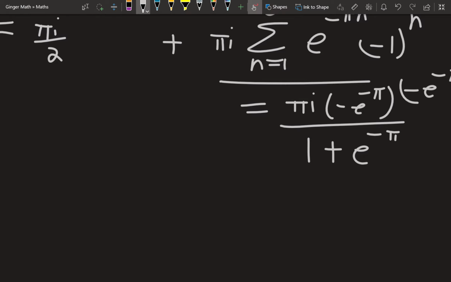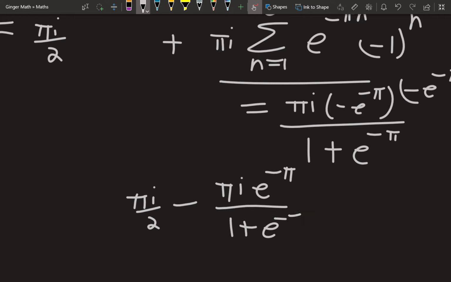So that's about half of it. So we have pi i over 2 plus our pi i times, or well, I'm just going to put the negative out front so I don't forget about it. Pi i times e to the minus pi, all divided by 1 plus e to the minus pi.